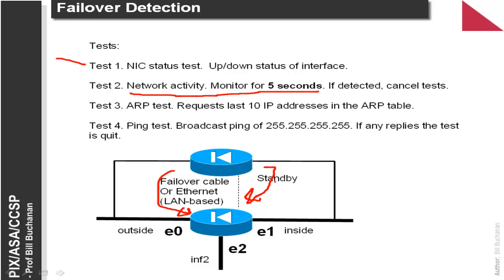If it can detect network activity across the firewall, it will then cancel all the tests. Next, it will do an ARP test and request the last 10 IP addresses from the ARP table. Finally, it will do a ping test with a broadcast, and if all of these fail, then it will take over.